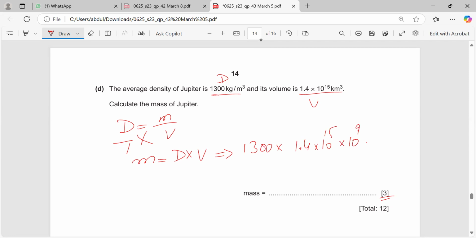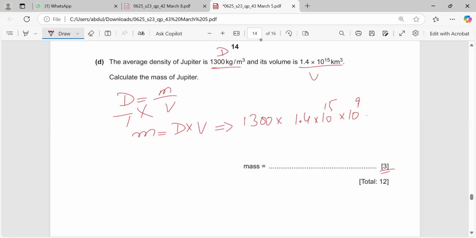Please simplify it first and let me know. Tell me the answer. Write the answer in the chat box. Okay. So why 10 raised to power 9? I will be telling you, because when we are converting kilometers to meter, we multiply by 1000 or 10 raised to power 3.